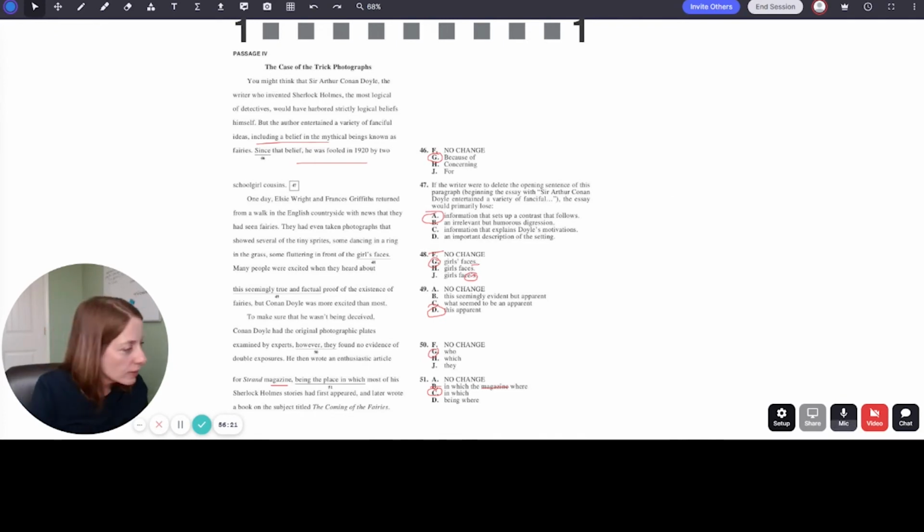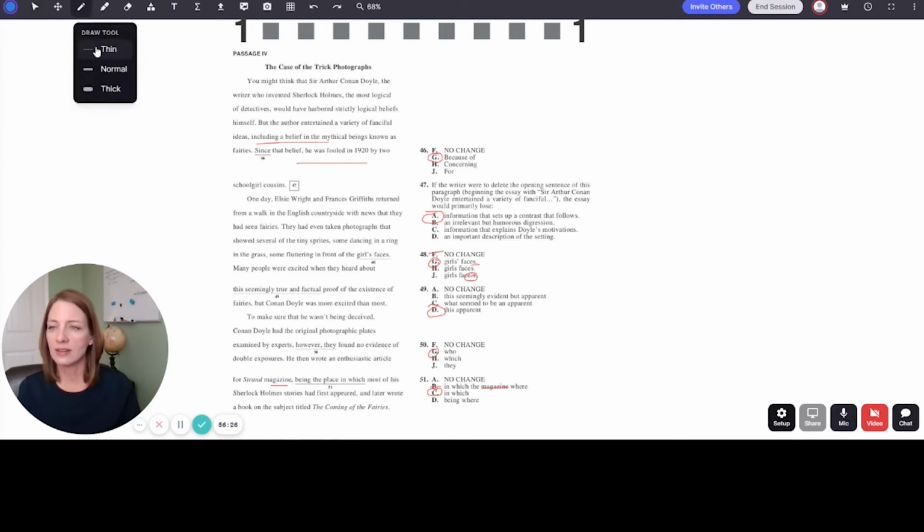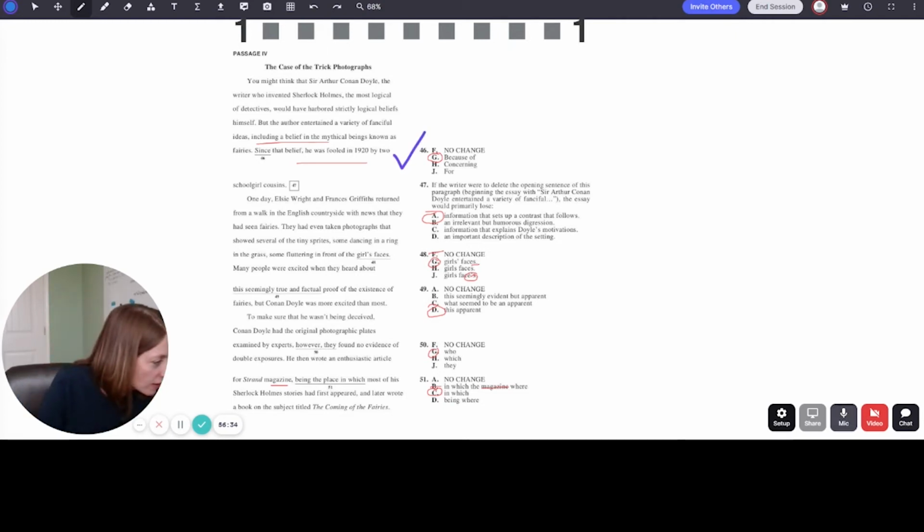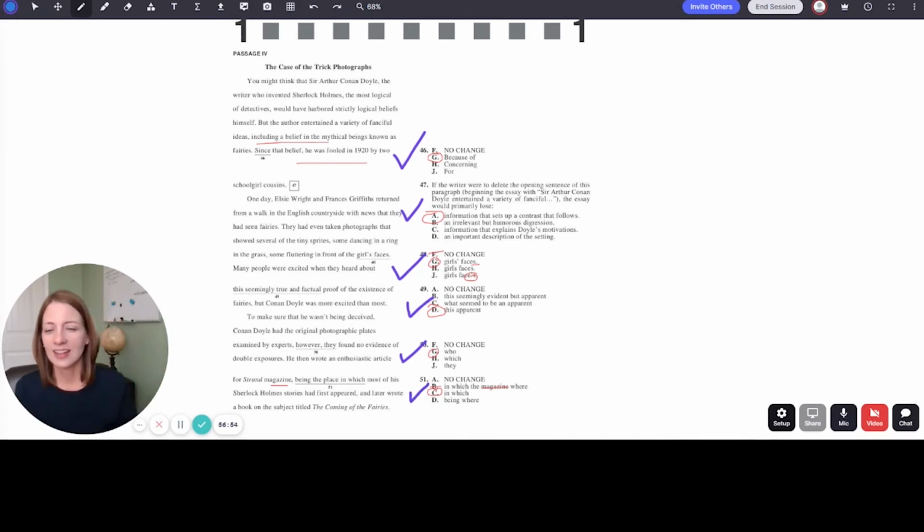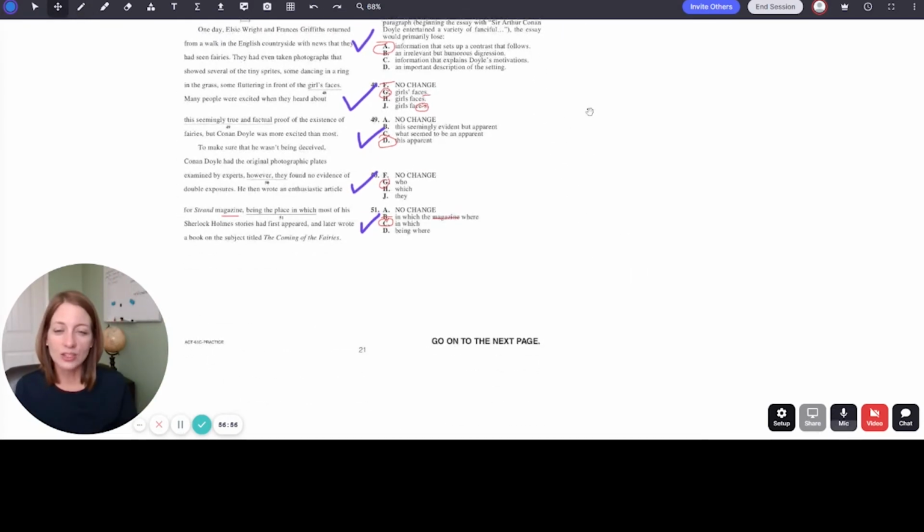46. How did I do? 46 G. I hope you did an amazing job. 46 G. Yes, ma'am. 47 A. Boom. 48 G. Yes. 49 D. All right. 50 G. Feeling good. 51 C. I know I should be getting these right.